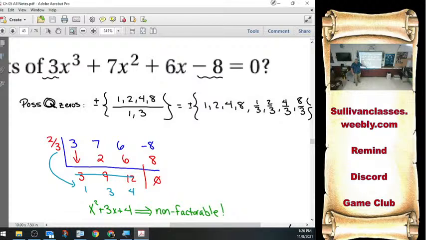And then the quadratic that was left over, there's no factors of 4 that add up to 3. So that means the remaining quadratic isn't factorable, so that means there's no other rational roots. I'm done. Yes, sir. If it was a negative 4, but it's not. Oh, it's the 0. It's set equal to 0. Right?